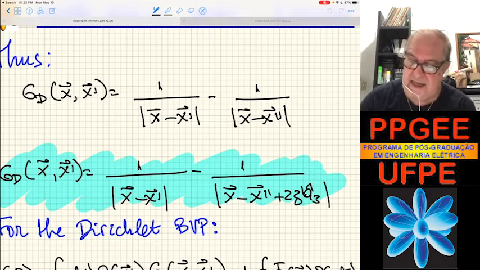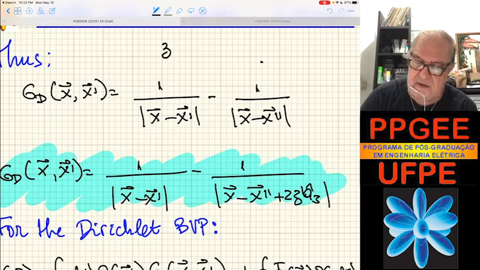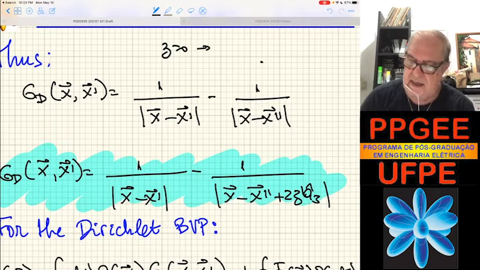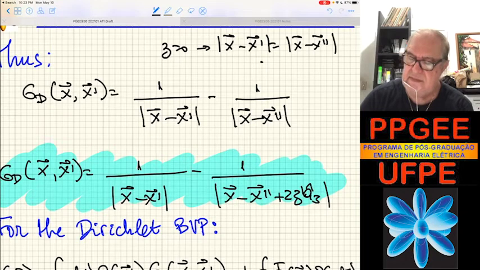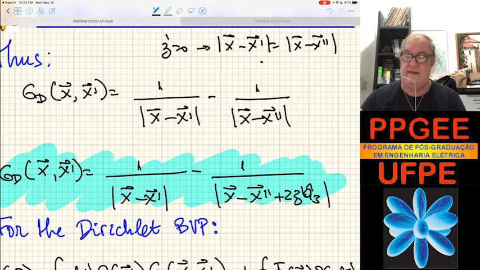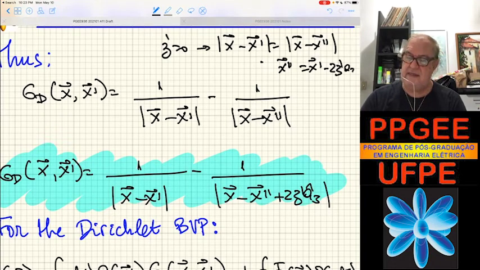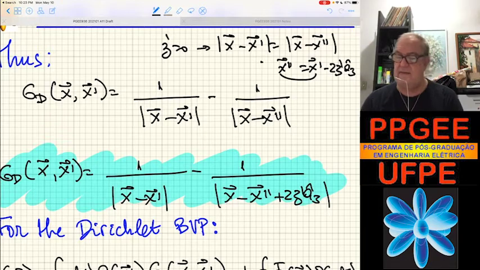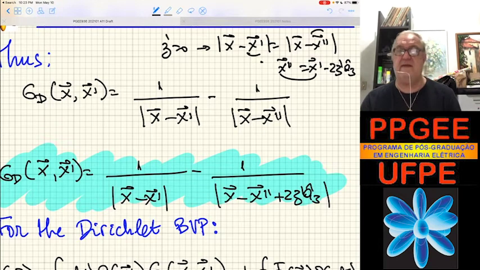Notice that at z equals 0, the magnitude of x minus x prime equals the magnitude of x minus x2 prime, because x2 prime equals x prime minus 2z prime az, and those are equal at z equals 0.